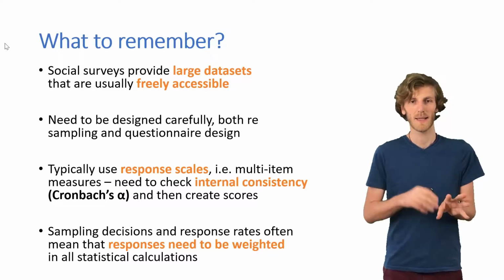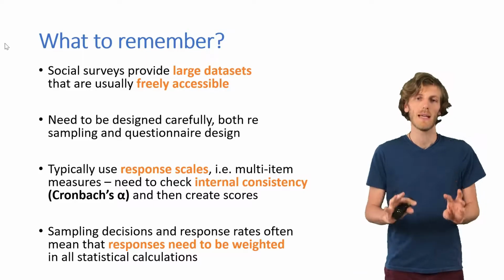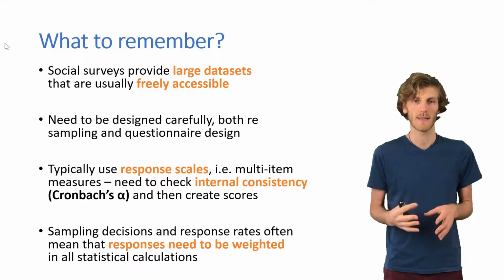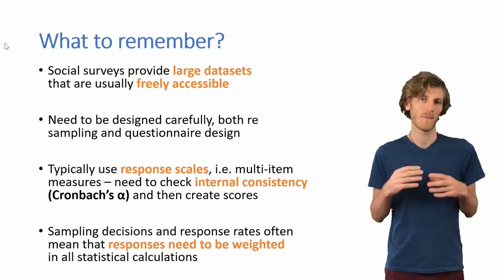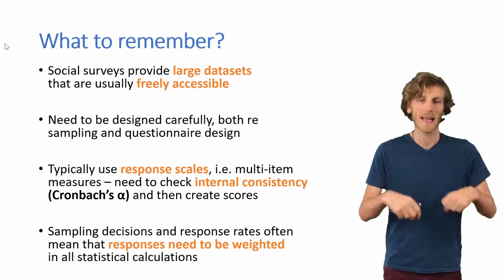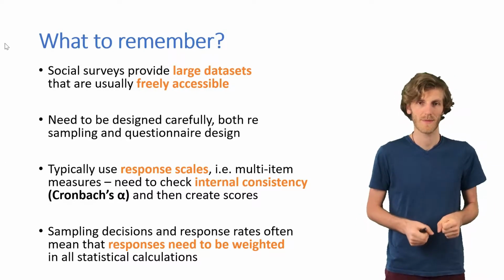And finally, sampling decisions and response rates quite often lead to a situation where we need to weight the data, give different weights to different participants before we can do any statistical calculations that are actually good indicators for population values.